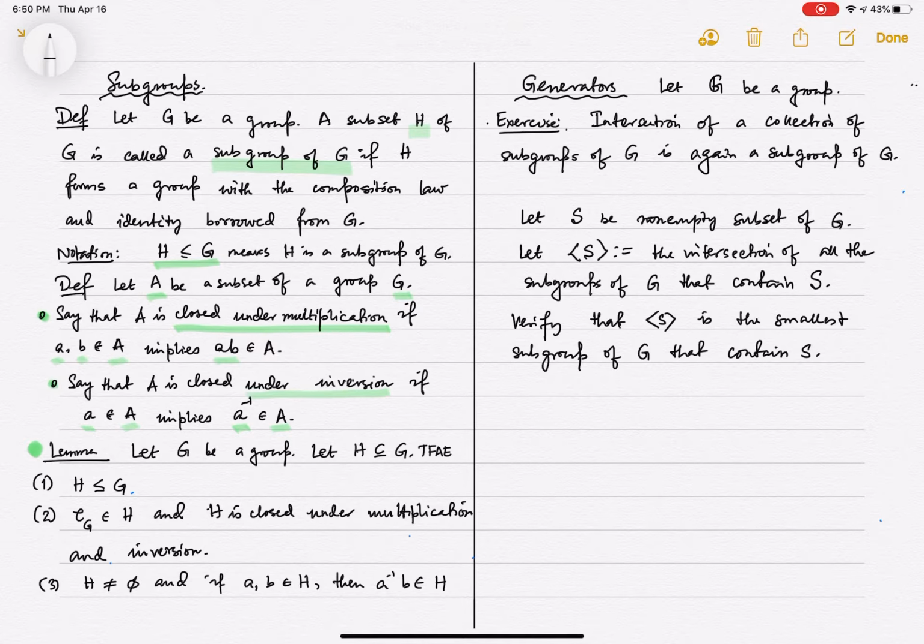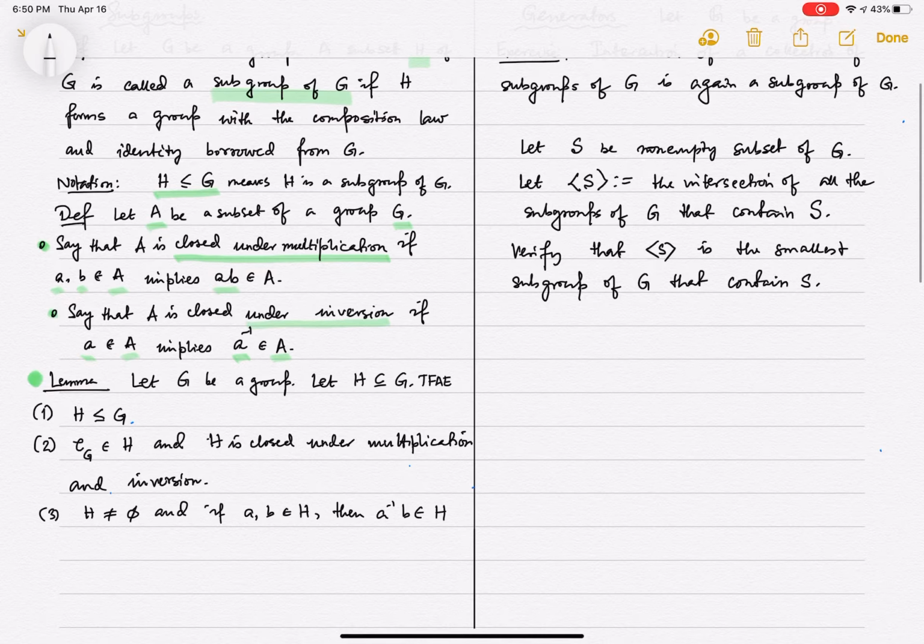And each of them contains S, so this one also contains S. And because I'm intersecting all the subgroups that contain S, this is the smallest one. Okay, we call this the subgroup of G generated by S.